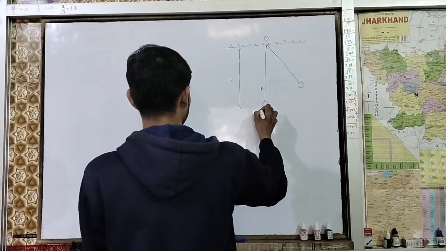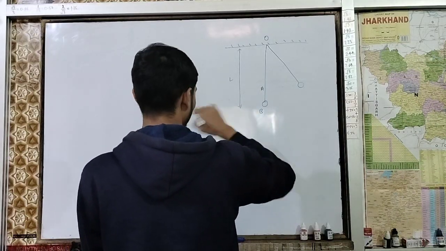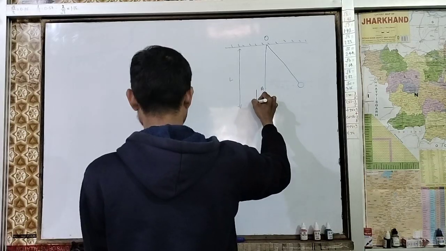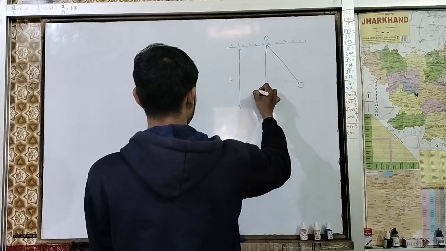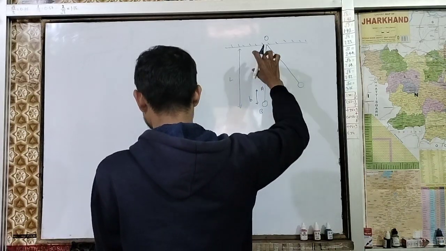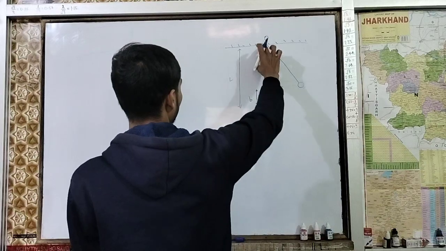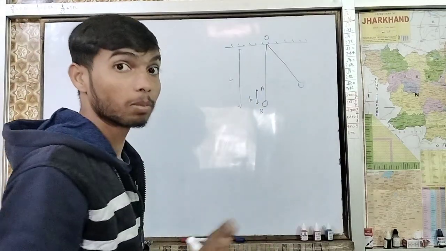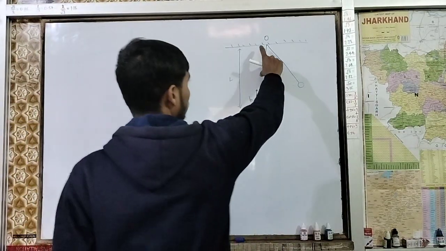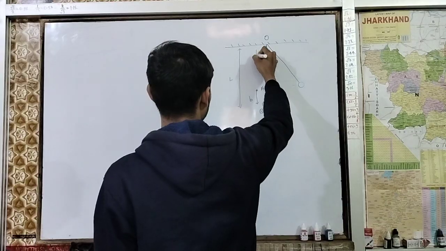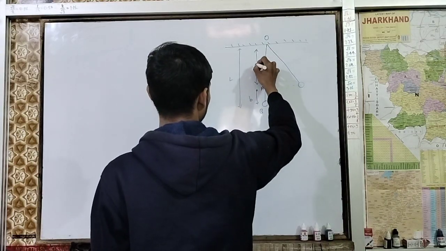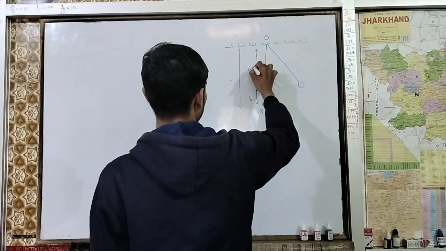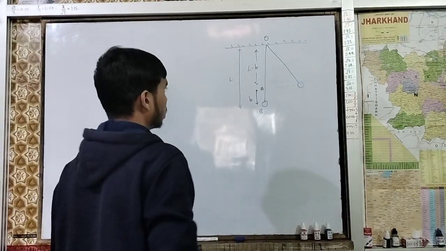So AB is our displacement. You can consider this remaining part as a small b, and L minus b will provide this OA part. So this is our L minus b.